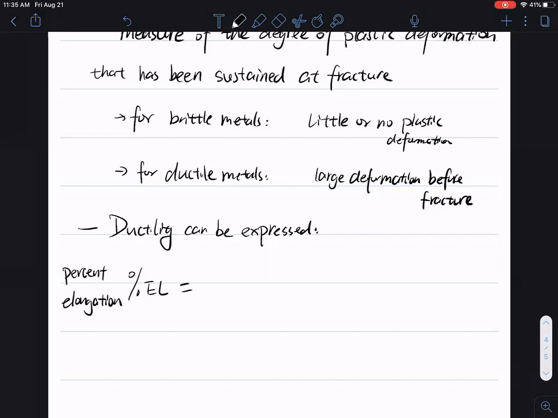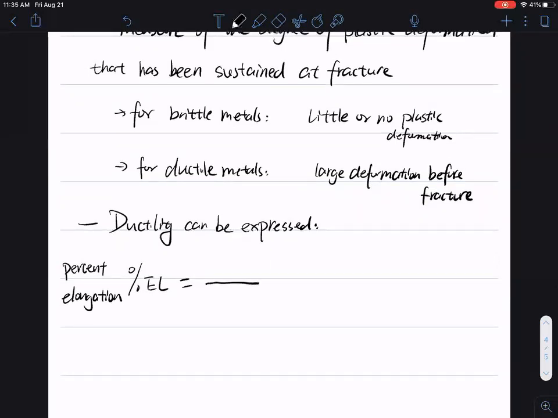The percent elongation is kind of like how we define strain. It is defined as the change of length, the final length minus the original length divided by the original length, times 100. That will give you the percent elongation.